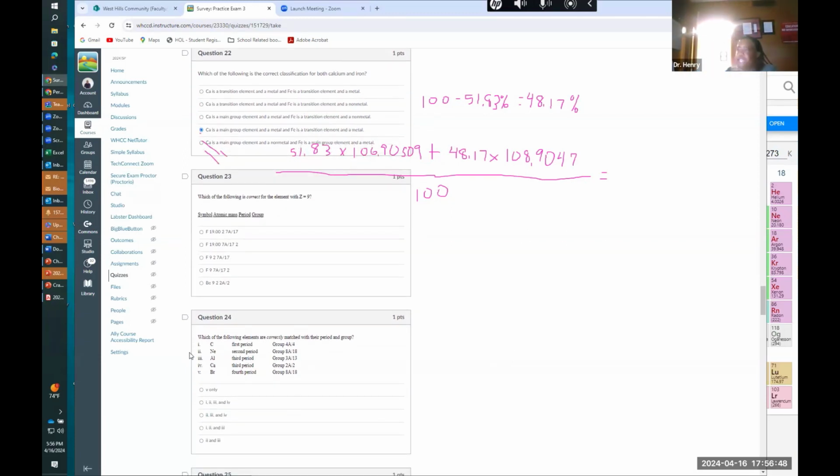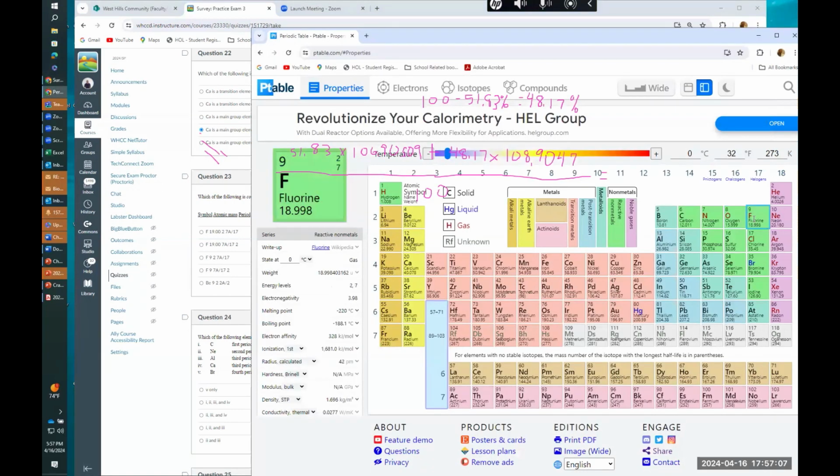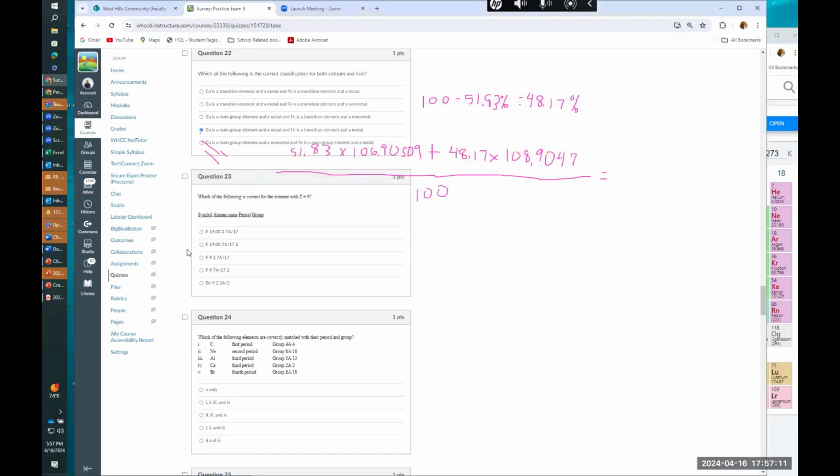Okay. So which of the following is correct for the element with Z equal to 9? So Z represents the atomic number. So which one is correct for the atomic number equal to 9? Let me check.